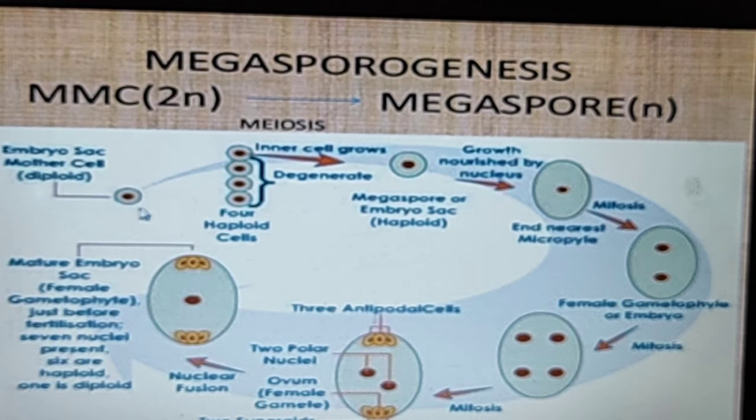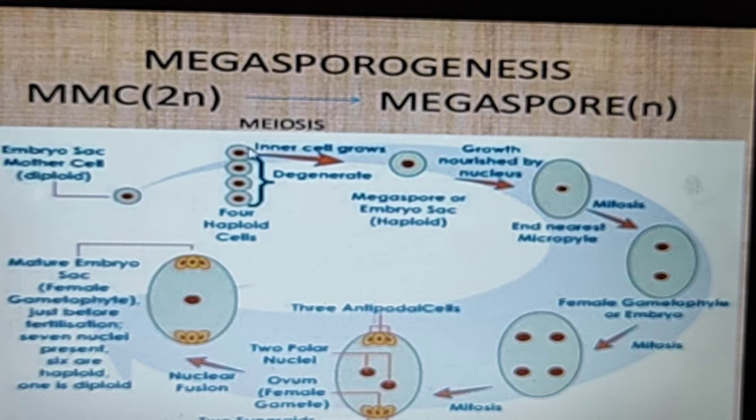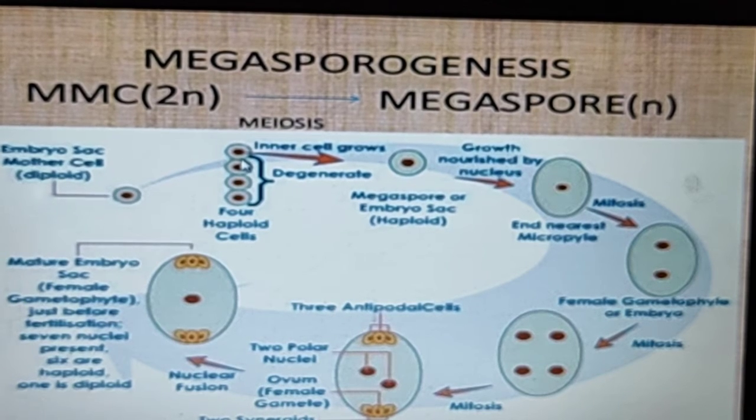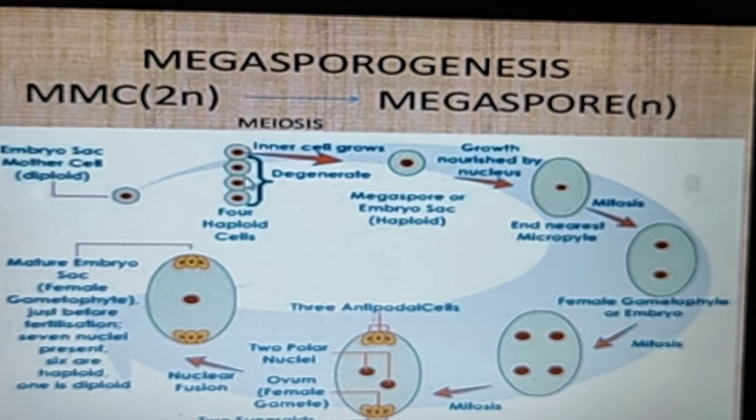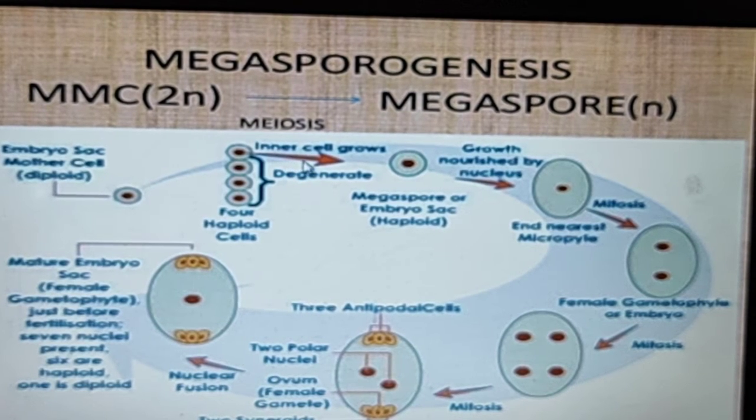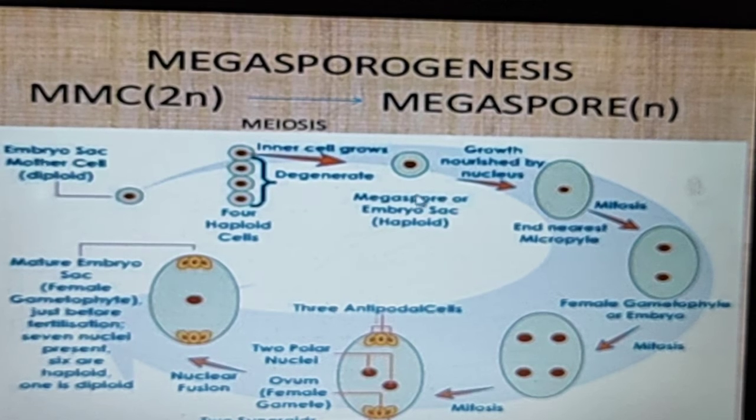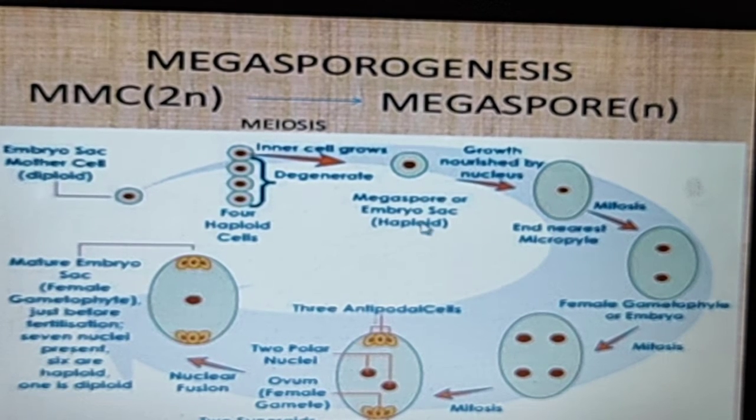With the help of meiosis, they form 4 haploid cells. Done? One will survive and the other 3 will degenerate. The one cell which remains, the inner cell, grows and forms the embryo sac, which is in the haploid condition.